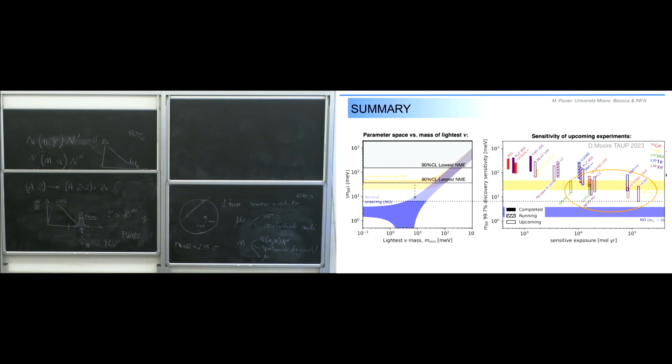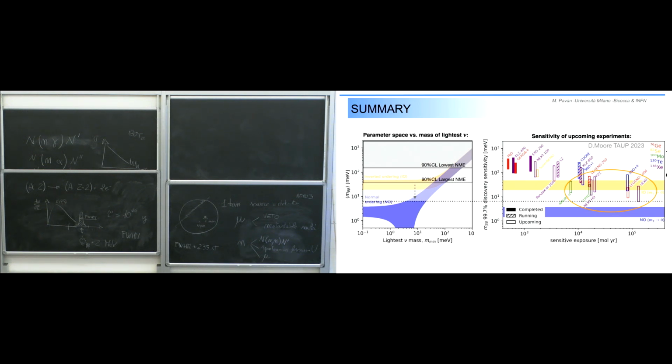You're asking why it's easier to investigate. Simply because this parameter has a higher value, and this parameter defines the half-life.